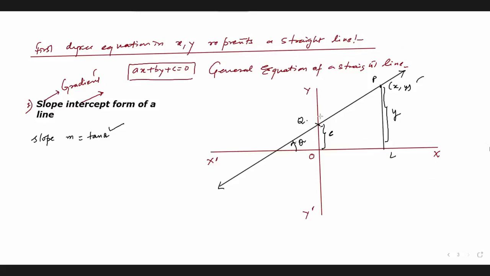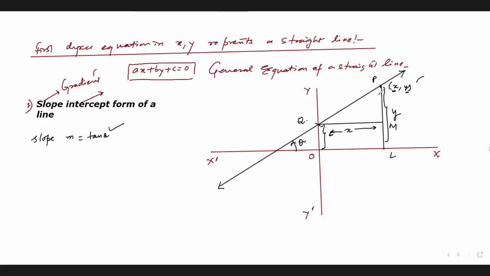If I draw one more perpendicular from here and mark it as QM, then this distance will be x. Because what is my P point? P point is x and y, where x is abscissa and y is ordinate. Abscissa is the distance from the origin, and ordinate is the vertical distance.